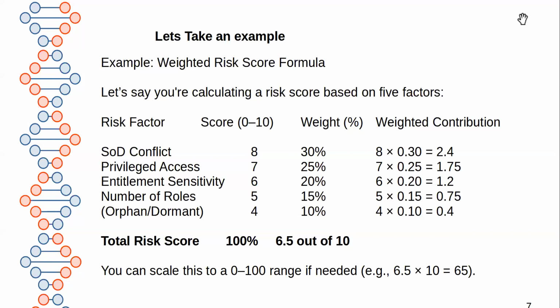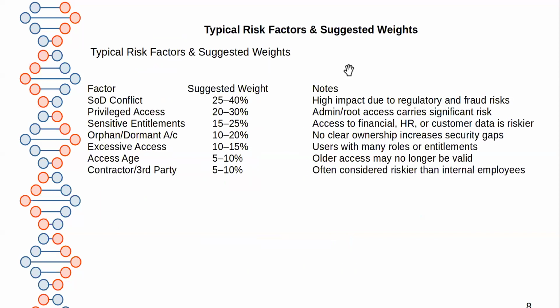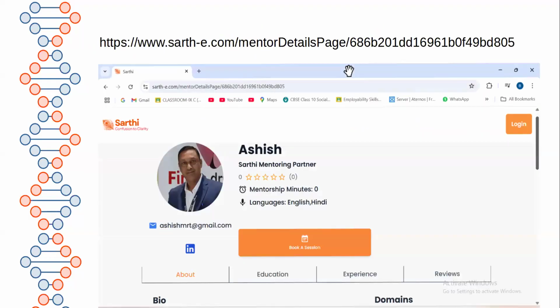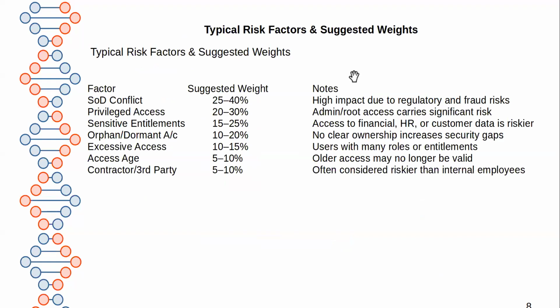Okay, great. So I have added one more point over here, which I forgot to cover. Typical risk factors and the suggested weights are something like this.